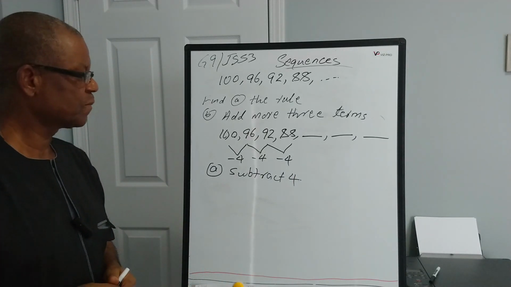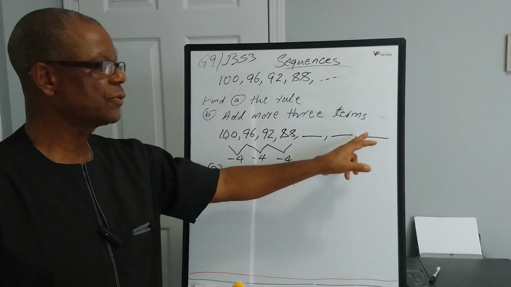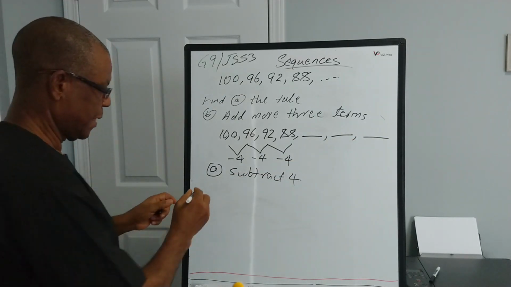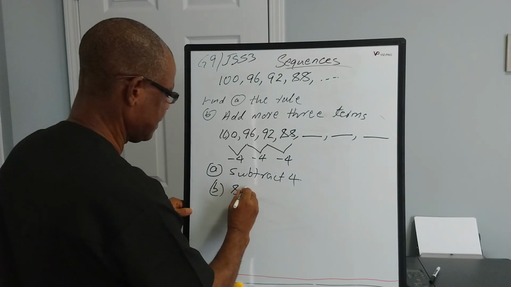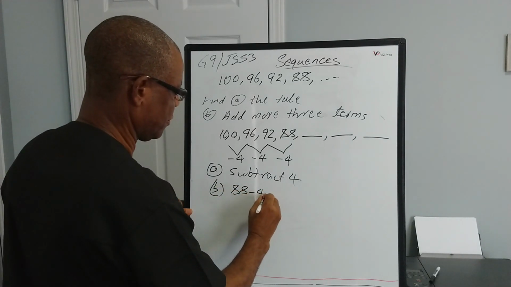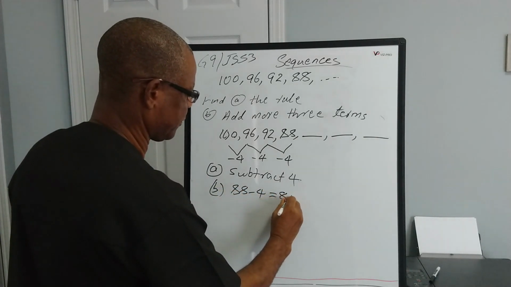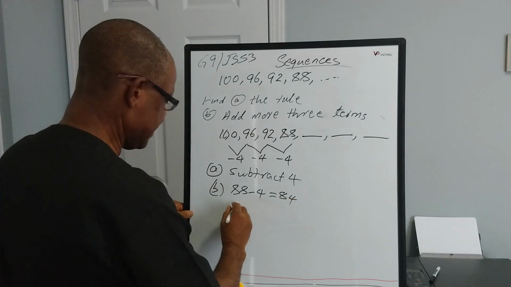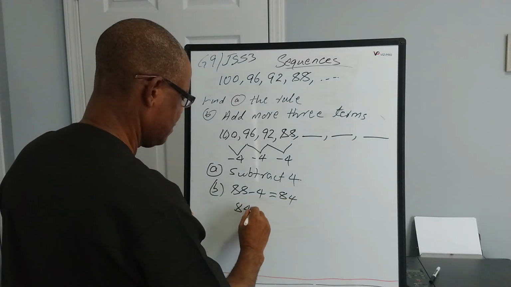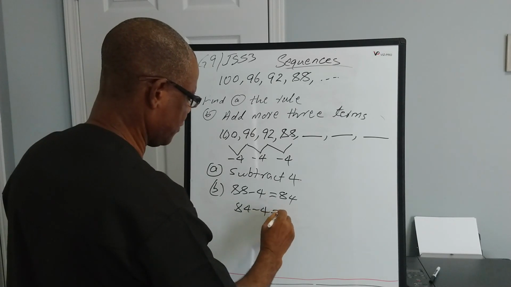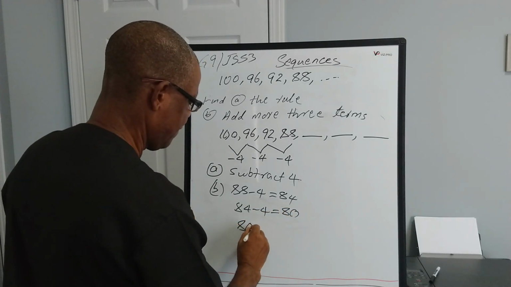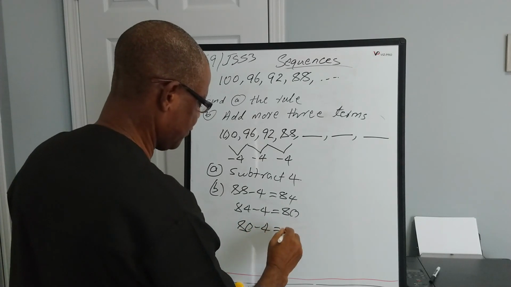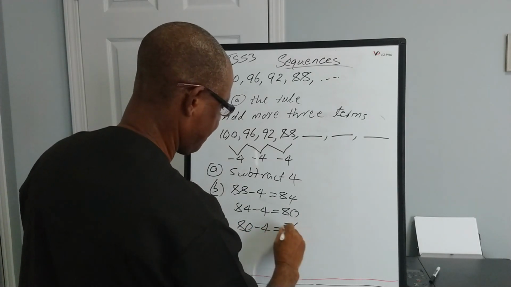So based on this, we can add 1, 2, 3 terms. And that is B. We have 88 minus 4. That will give us 84. Then 84 minus 4 will give us 80. And 80 minus 4 will give us 76.